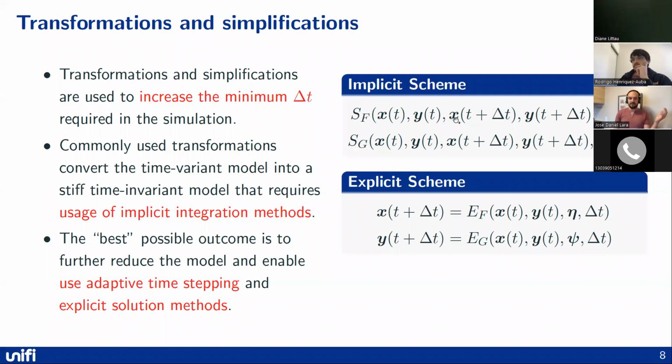Now, explicit schemes of solution are still expensive, though not as expensive as using fixed time stepping on a time variant model. But then the best possible outcome is to further simplify the hard to solve portions of the implicit model to be able to apply an explicit scheme, right? And in combination with adaptive time stepping, we can then find solutions fast.